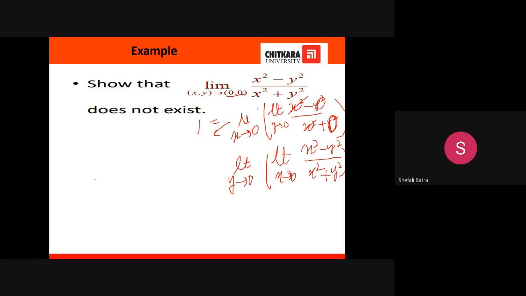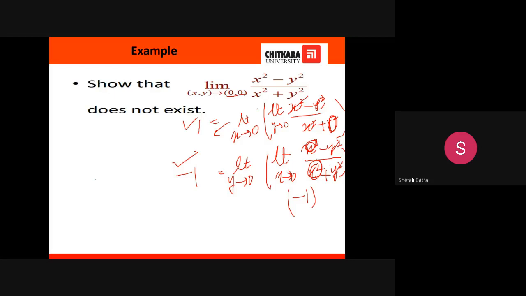Simple, put the limit. Now in another way, limit x approaches to 0, so this would be 0 and this would be 0. What is left? Minus y square upon y square, so that cancels out, and what is left is minus 1. So when you are moving along this way, the value of limit is 1. When you are moving along this way, the value of limit is minus 1.